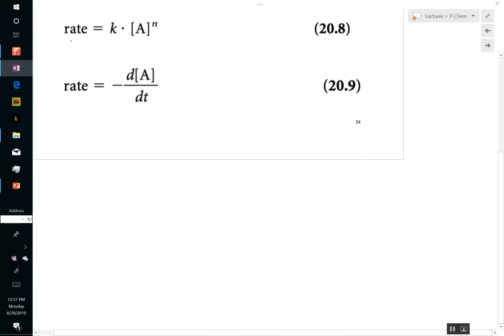Here's the rate law. The rate law basically says that the rate is proportional to concentration. And you take the proportionality out of there with a constant, K, the rate constant for that reaction. And here's just a general one. The rate equals K times A to the nth power.